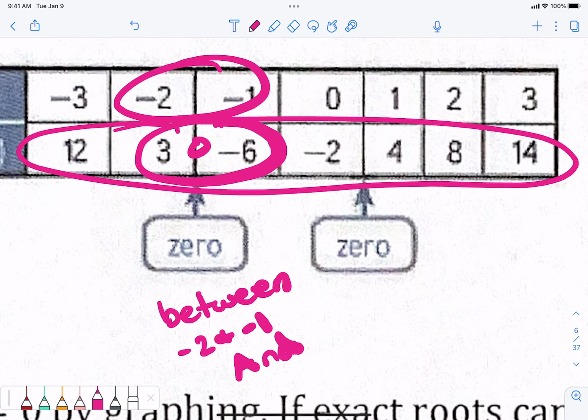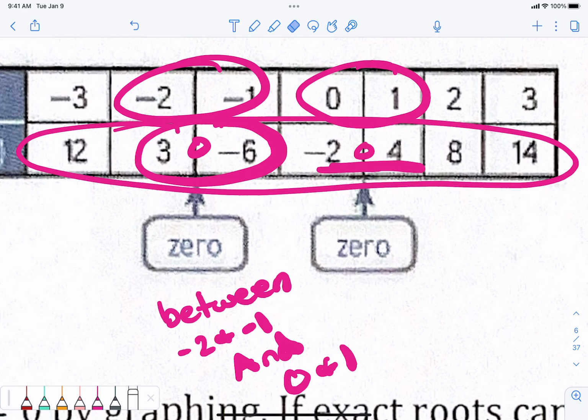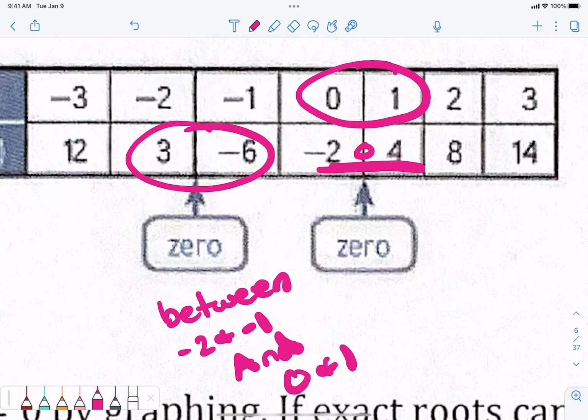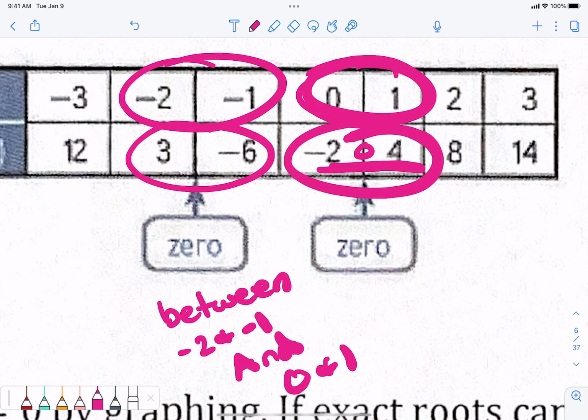And I will have another place where he crosses that is between what? 0 and 1, right? Because 0 lives between these two numbers, okay? Good? So sometimes he won't cross in a nice place. Sometimes he'll cross between two numbers, right? So he crosses between two numbers because 0 lives in between here, so this is where he's going to cross between.